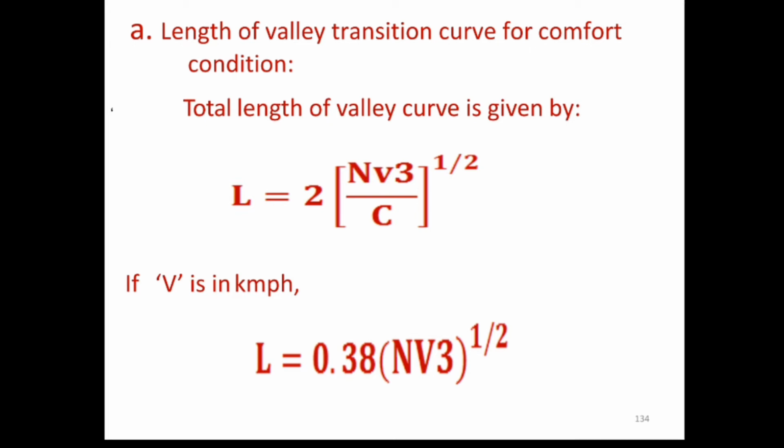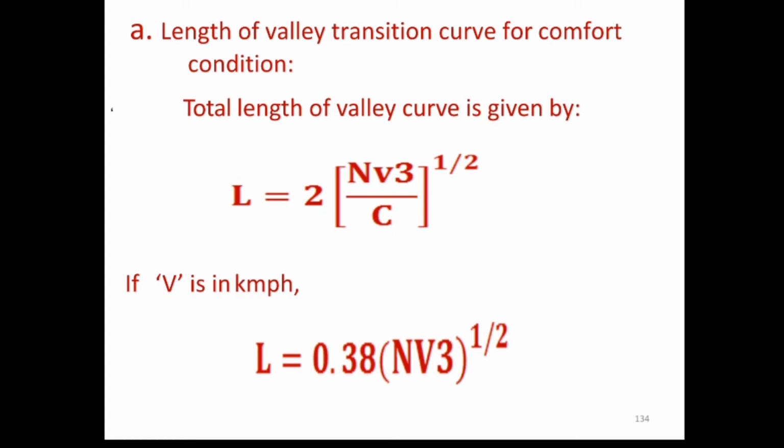the length of the transition curve LS for the comfort condition is given as LS equals V cube upon CR, where the value of R at the length LS equals LS upon N. So LS equals V cube upon C into LS upon N, that equals V cube into N divided by C into the length LS.